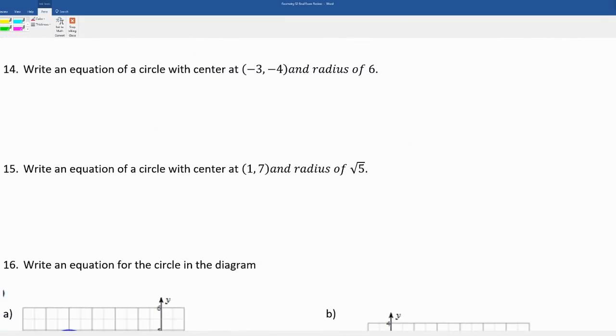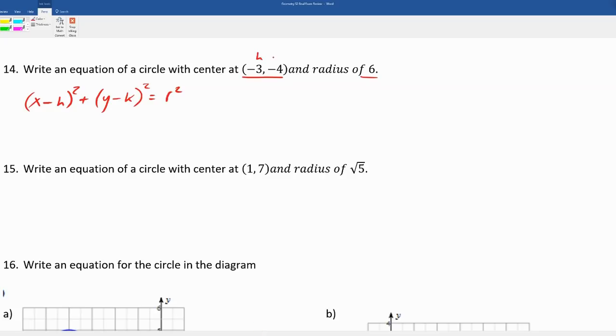All right, number 14. Write the equation of a circle with the center at, okay, so at this center with a radius of 6. So remember, we're working with this basic idea that we have x minus whatever h value they give us squared plus your y minus whatever k value they give squared equals your radius squared.